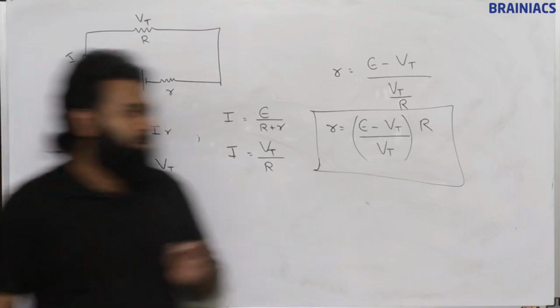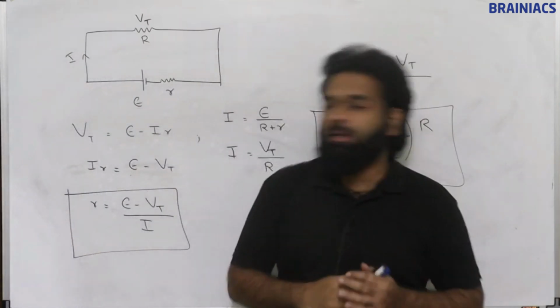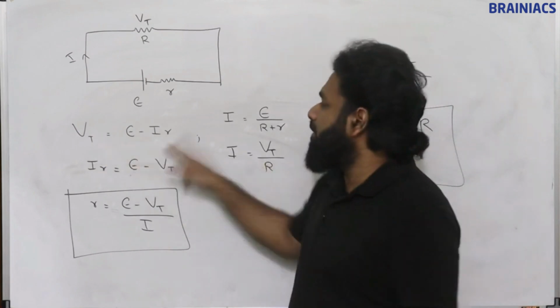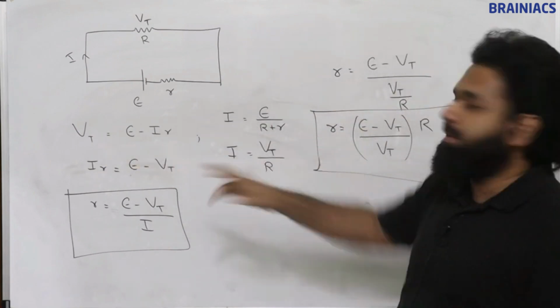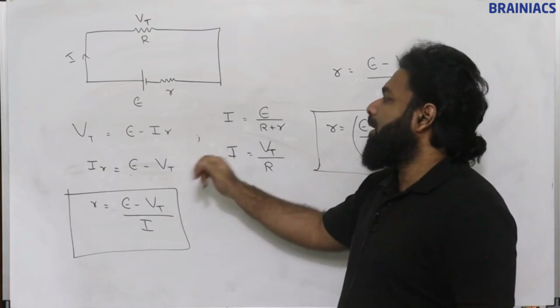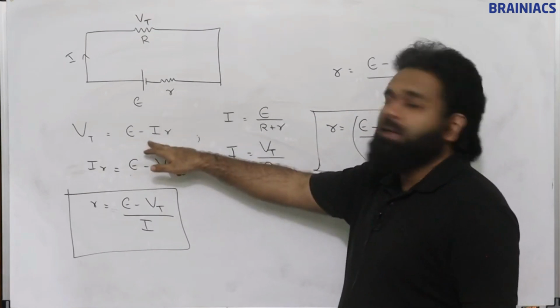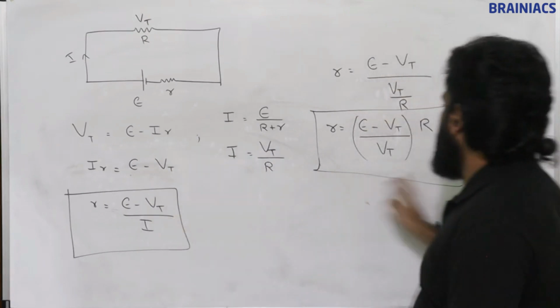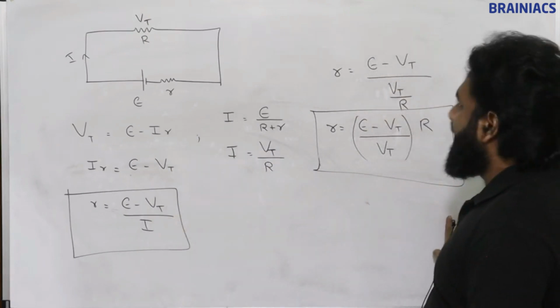Clear? You need not memorize anything, just understand it. Vt is equal to E minus Ir is easy to remember, and it will consume less time if we follow those equations. Okay, clear all of you?